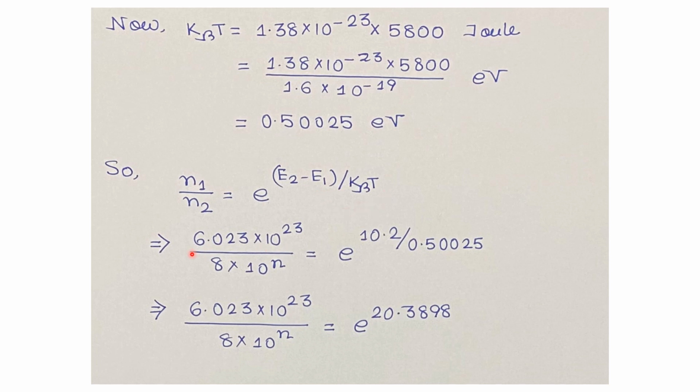So n1 is 6.023 times 10 to the power 23 divided by n2 value 8 into 10 to the power n equals e to the power 10.2, that is E2 minus E1, divided by kBT value in electron volt, that is 0.50025. So this will give 6.023 times 10 to the power 23 divided by 8 into 10 to the power n equals e to the power 20.3898.